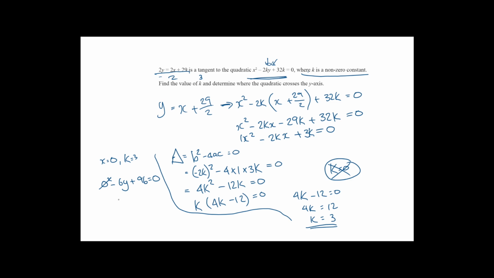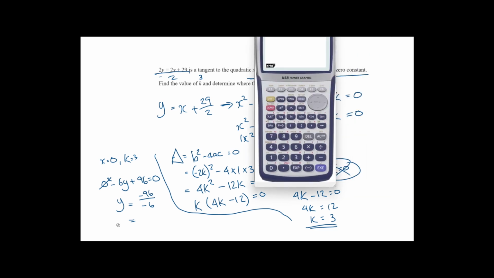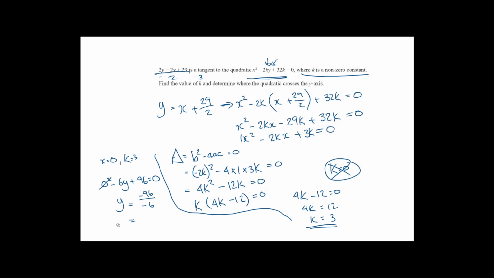So therefore y must be equal to negative 96 over negative 6, and I think it's 16, isn't it? Okay, 96 divided by 6 is 16, and the negatives cancel, so it's 16.